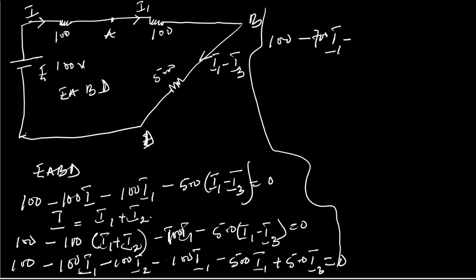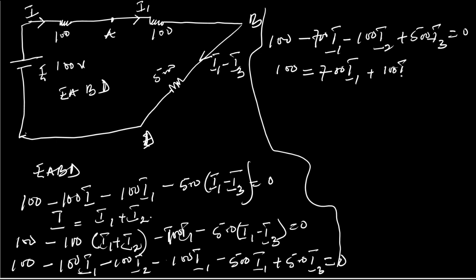For the I2, I have just minus 100 I2 and plus 500 I3 equals 0, so that 100 will be equal to 700 I1 plus 100 I2 minus 500 I3.